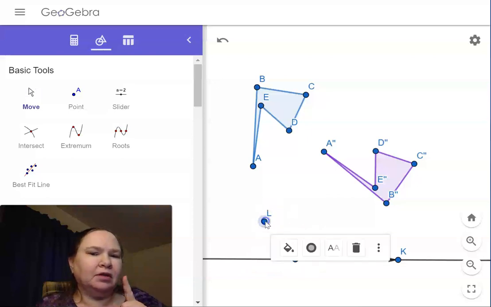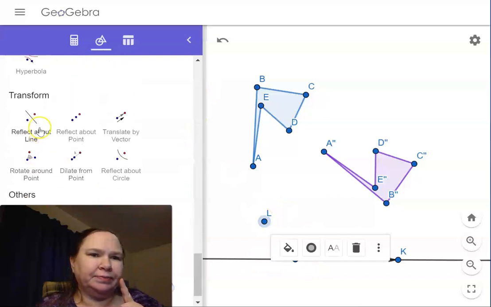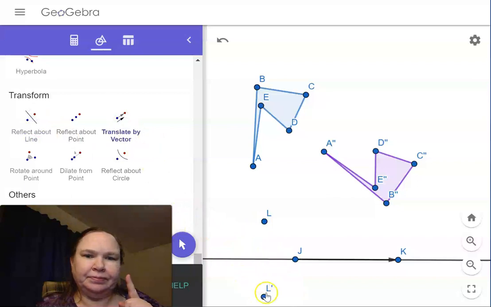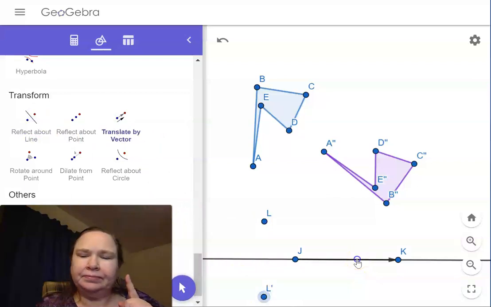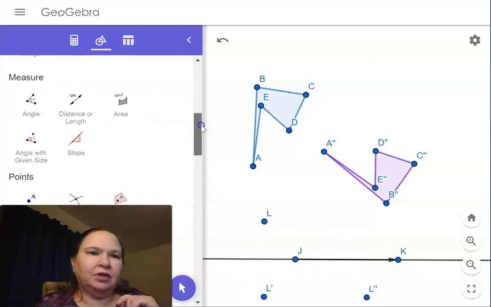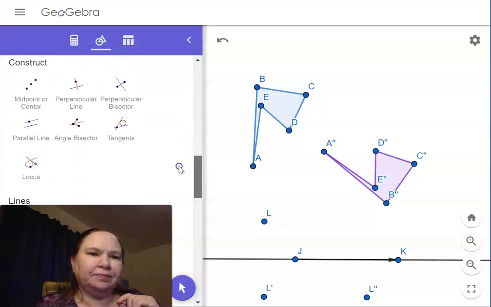All right, so I'm going to take that point, and I'm going to reflect it. And then I'm going to translate it. And now I have the beginning and the ending. And we're going to connect those up with a line to see if that will help us understand anything.